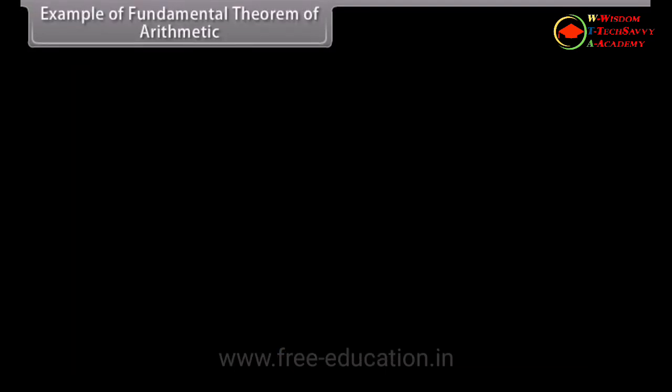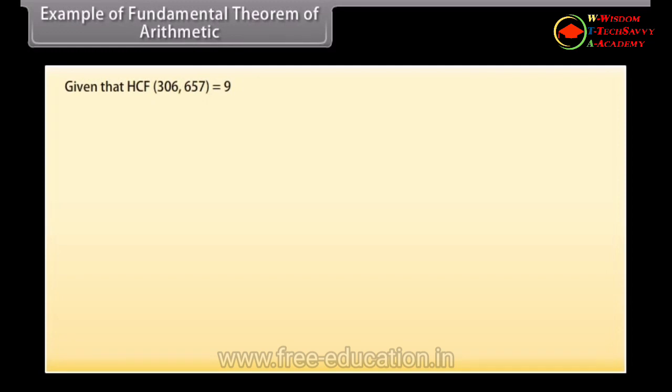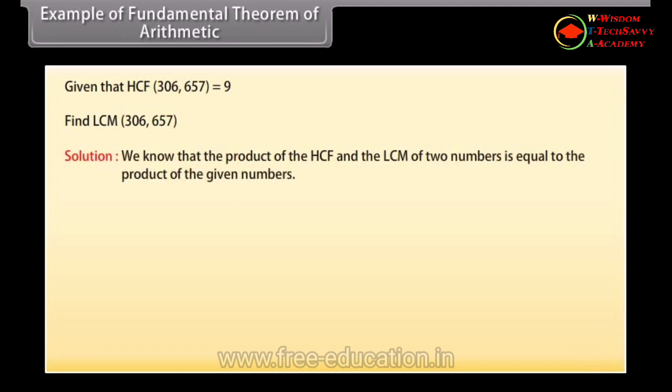Examples of fundamental theorem of arithmetic. Given that HCF(306, 657) is equal to 9, find LCM(306, 657). Solution. We know that the product of HCF and LCM of two numbers is equal to the product of the given numbers.